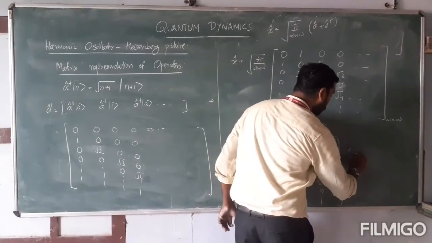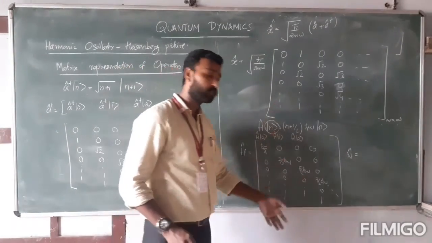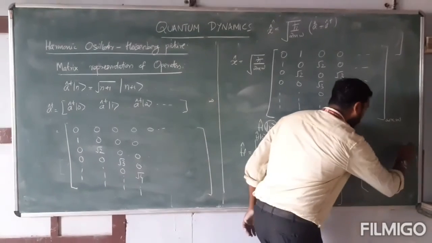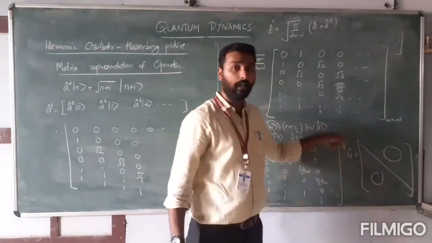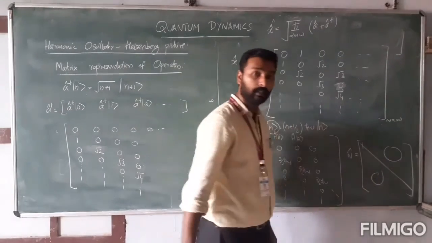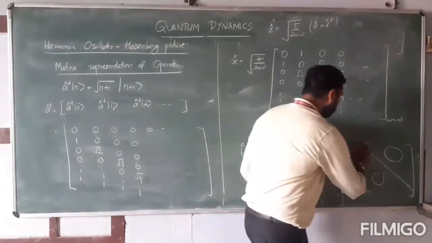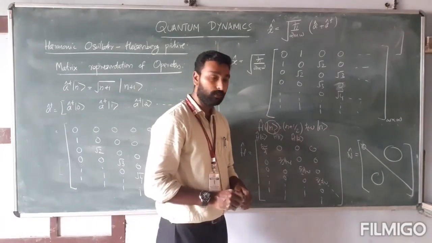Similarly, if you represent the number operator n, what would be the result? That would also be a diagonal matrix. All non-diagonal elements would be 0, and only diagonal elements would be present. What would be the first element? That would be 0, because n acting on ket 0 would give 0.